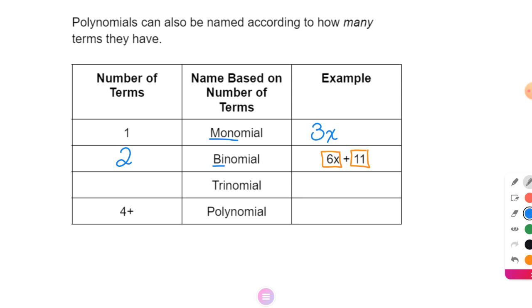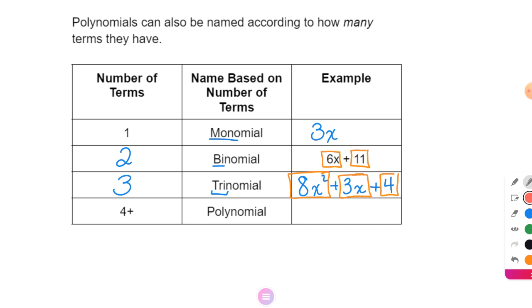A trinomial, just like a tricycle, when your younger siblings are riding a bike, or in some cases you're older adults. My mother may be known to ride an adult tricycle at times. A tricycle has 3 wheels, so a trinomial has 3 terms: 8x squared plus 3x plus 4. There's 1 term, 2 terms, 3 terms.